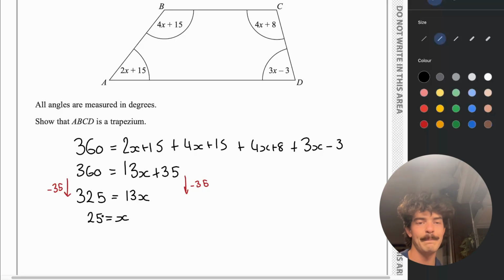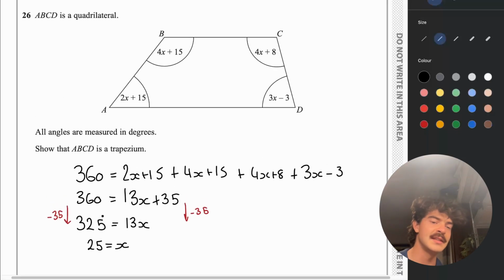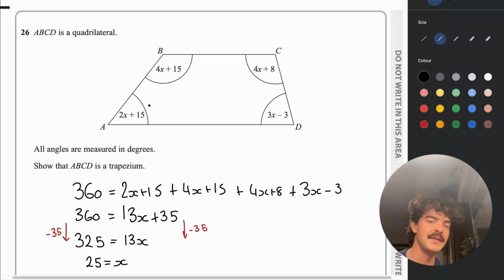Nice. So if each of these x's are now 25, let's go back and work through what we had. So this one over here is going to be 65. 25 times 2 plus 15. This one's going to be 115. This one over here is going to be 108. And this one over here is going to be 72.